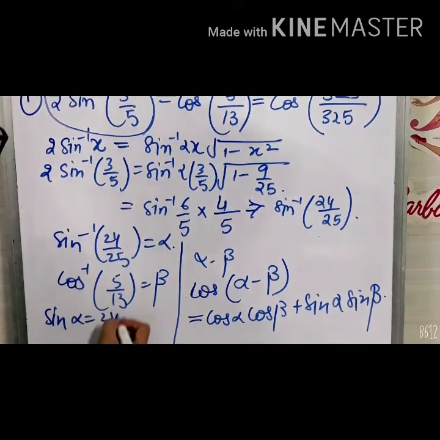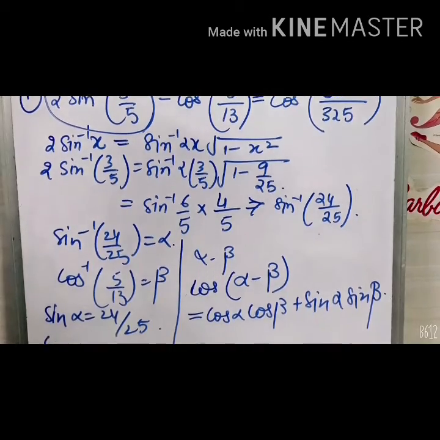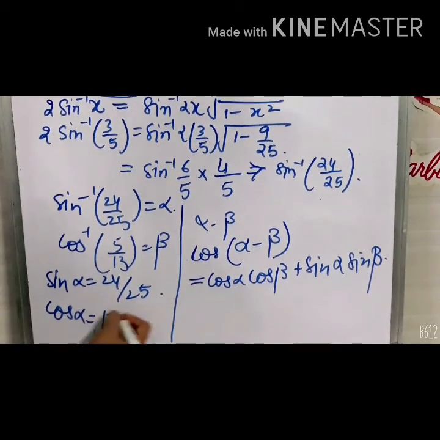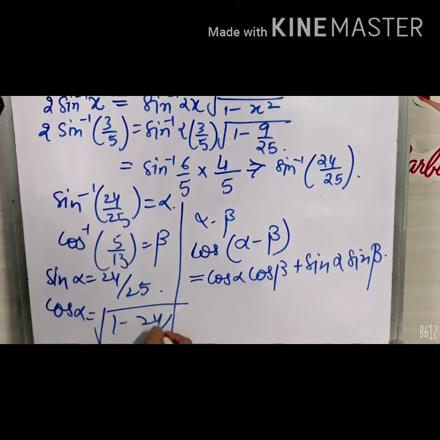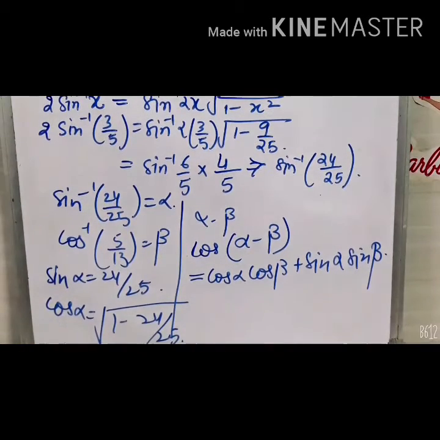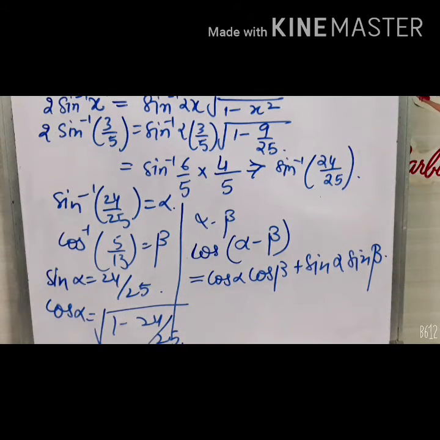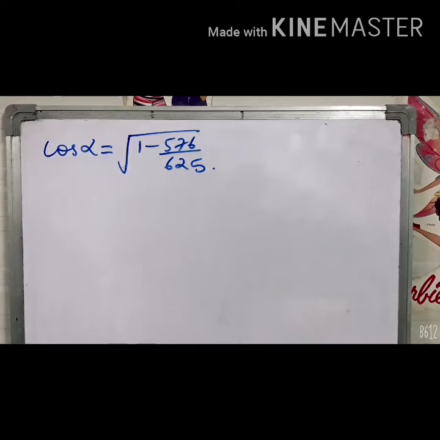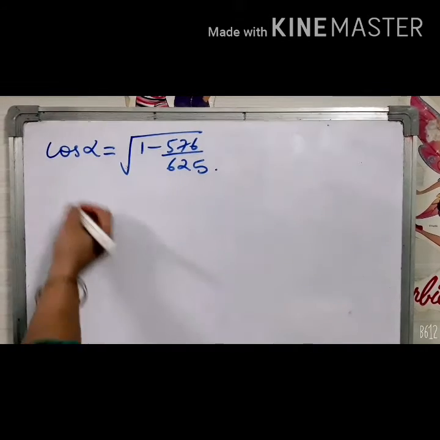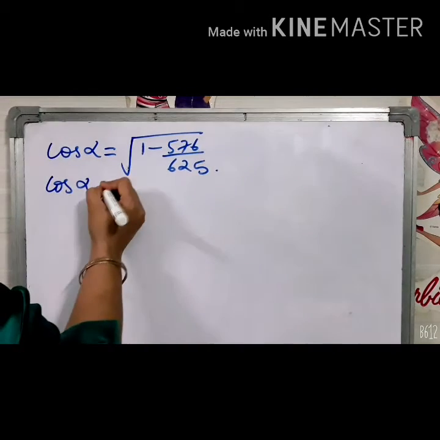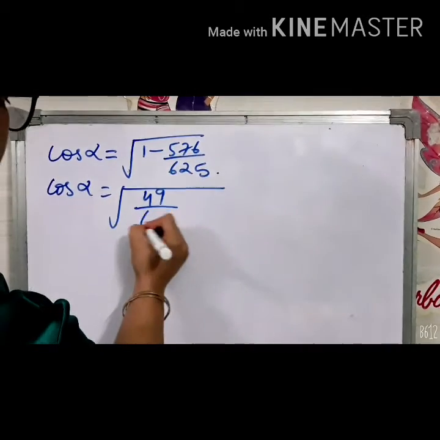Now see here, when you are getting sine inverse of 24 by 25, what is sine alpha? Sine alpha is 24 by 25. That means cos alpha is equal to under root of 1 minus 24 by 25, whole squared, which is 1 minus 576 by 625. So only you need to do the calculation. 625 minus 576 is 49 by 625.